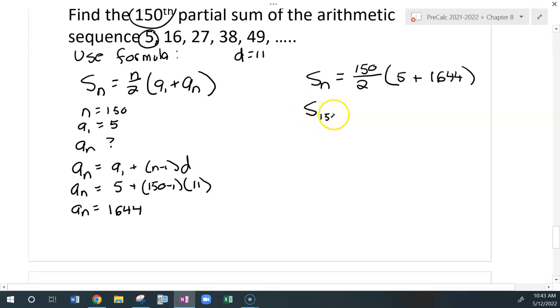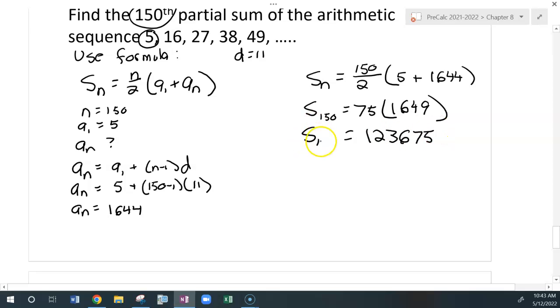So S sub 150 is going to be 75 times 1,649. And I get 123,675. And that's our answer.